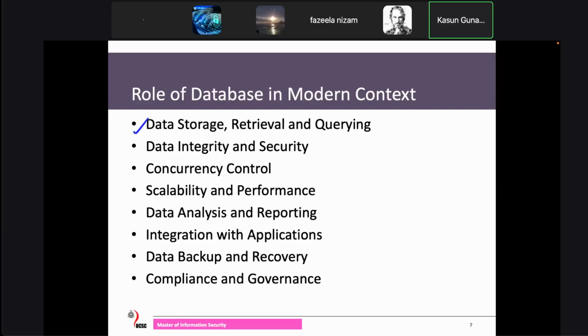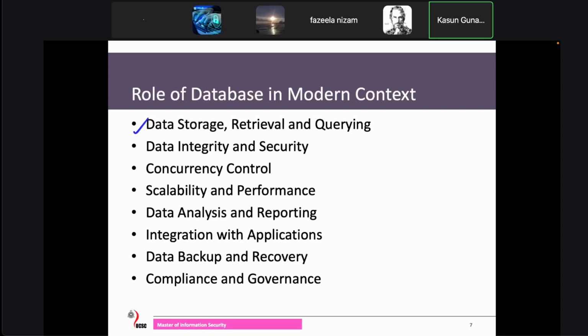So concurrency control is another important aspect or the role that modern databases play. That is when we are serving multiple users with quite diverse requirements, the database must handle all these diverse requests from the clients, right? So the database needs to manage this concurrent access by the users or applications.